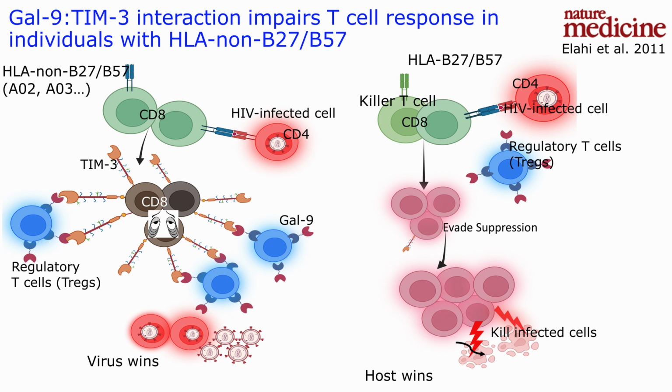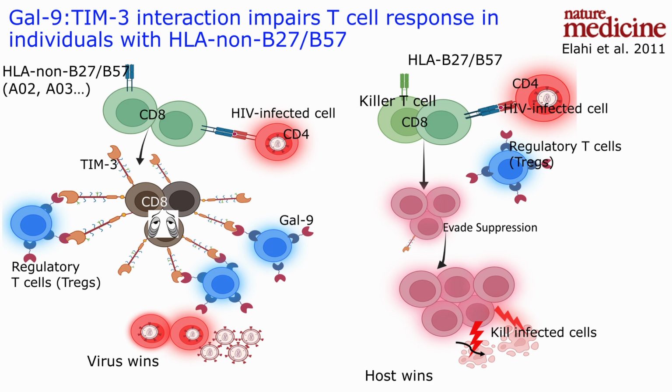But when you look at B27/57 on the other side, it was very fascinating that when CD8 T cells restricted by HLA-B27/57 see infected cells, with the same mechanism, they do not upregulate TIM3. Very little to none. Therefore, they cannot be suppressed by regulatory T cells. That means they evade immune suppression.